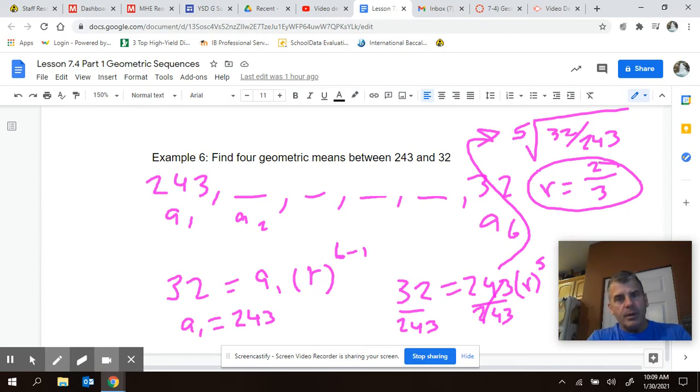So then to find those geometric means, we're just going to use our common ratio each time. So we're going to take 243 and multiply it by 2/3. 243 times 2/3. That's going to give us... Oh, hang on a sec here. I don't like this.